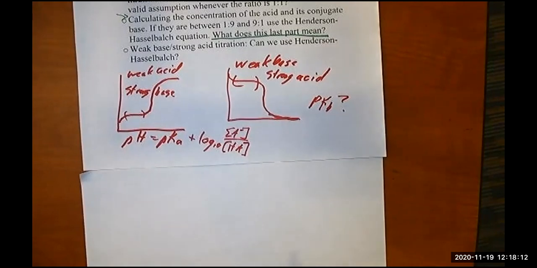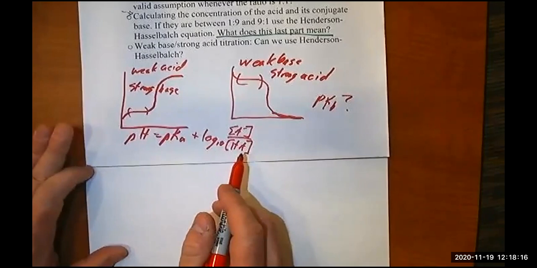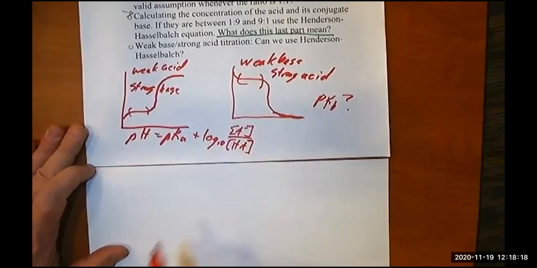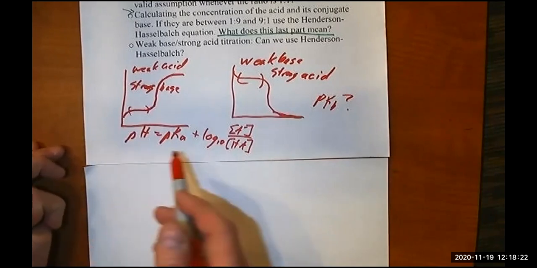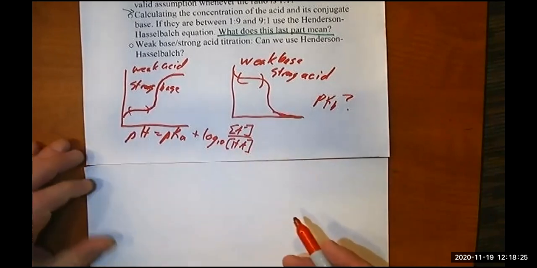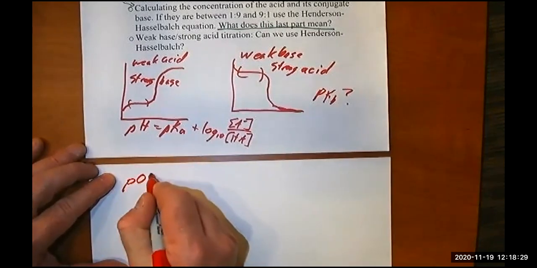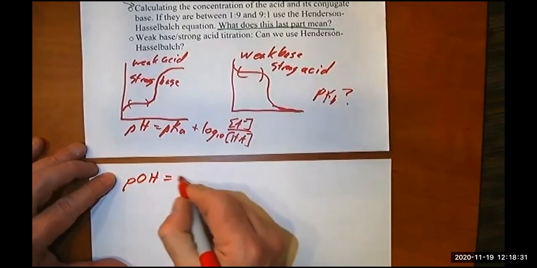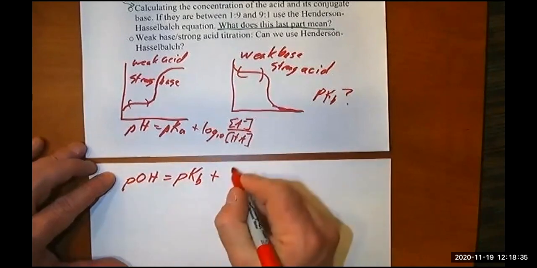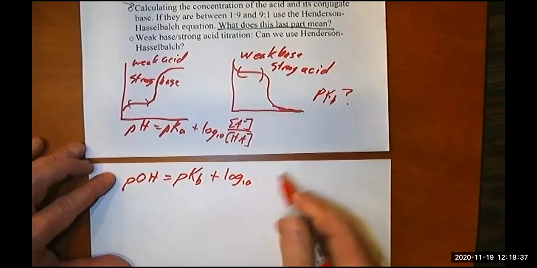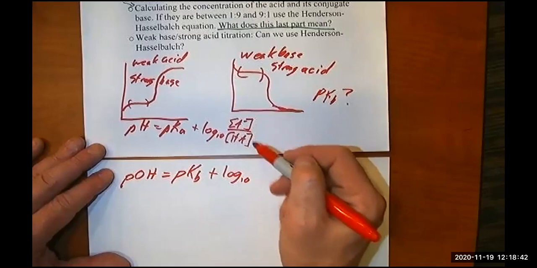The easiest thing to do is to think about the Henderson-Hasselbalch equation from the perspective of, if we're changing it to a base situation, how do we change everything to be the base version of it? So pH is going to become pOH, pKa is going to become pKb, and our log base 10 is going to become another log base 10 of something, but let's figure out what it is.